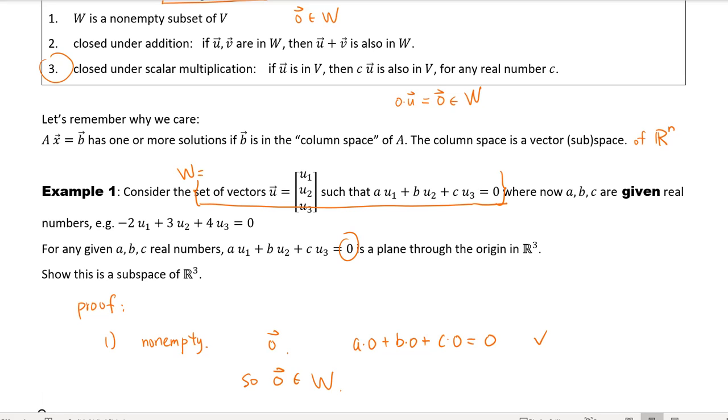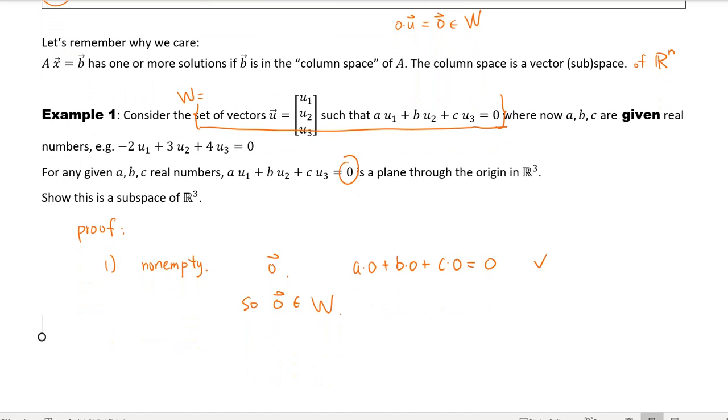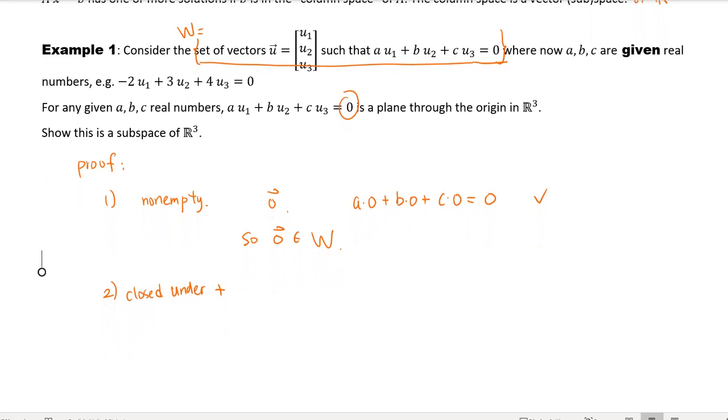Next, we want to check closed under addition. Okay, so what does that mean? Suppose we have U and V in W, and we want to show whether U plus V is in W. What does it mean by saying U is in W?